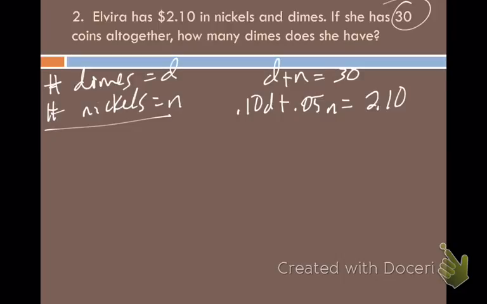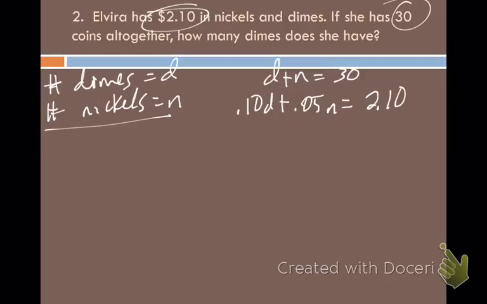Now, I want to convert those counts into dollars, right? 30 coins apparently made us $2.10. So there's the conversion from 30 to 210. All right? Now, how do I take the number of dimes and convert that to dollars? Not cents, but dollars. Well, dimes are $0.10, right? Since they're 10 cents.